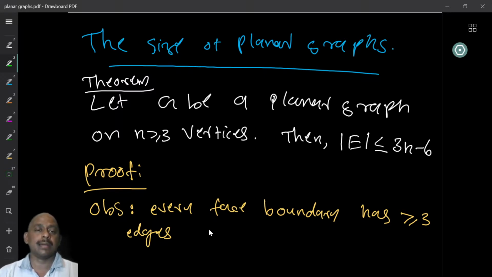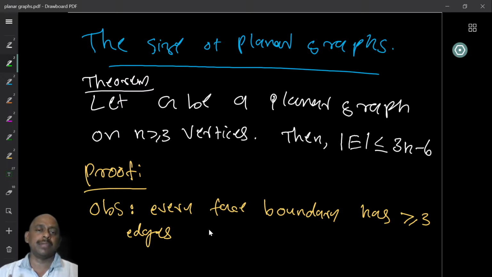On the other hand, one can prove that if a graph is planar, you cannot have too many edges. So if the number of vertices is fixed, then the number of edges is bounded by a factor. Now, how do you prove this, and why is this the case?